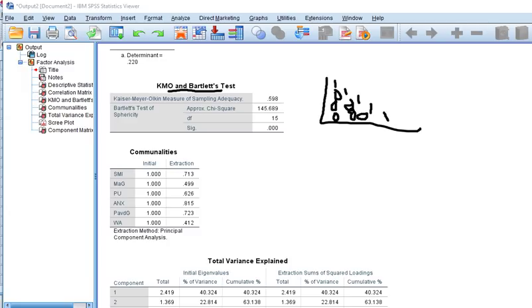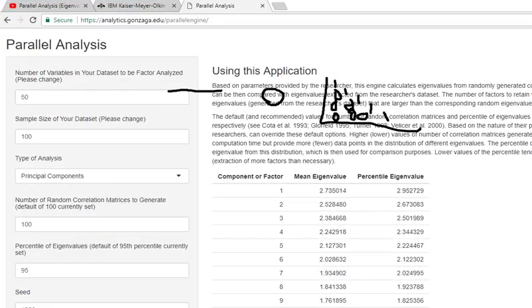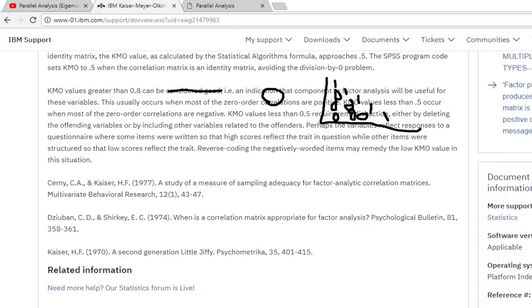So the KMO is just a descriptive index, and basically a value that is less than 0.6 might be considered still within the ballpark. Really, I found a nice little reference on the SPSS website right here, where they actually give you some rules of thumb.